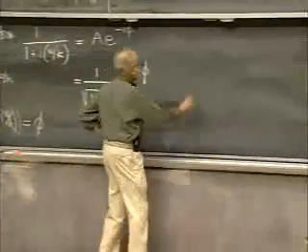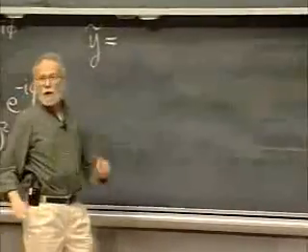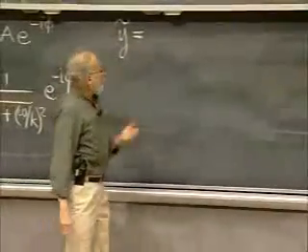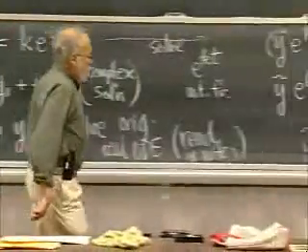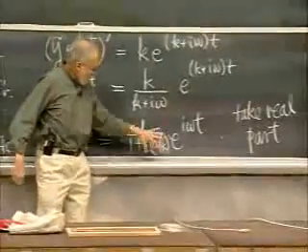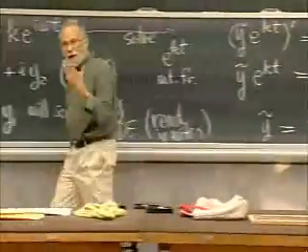And now, what's therefore the solution? Once you've done that, the work is over. What's the complex solution? The complex solution is this. I've just found the polar form for this, so I multiply it by e to the i omega t, which means the angles add.